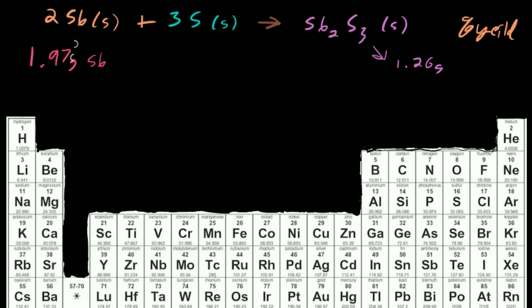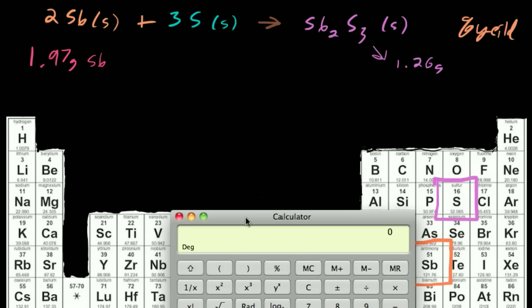To begin, let's get all of our molar masses. We don't need to do too much for antimony or sulfur, but let's figure out the molar mass for Sb2S3. Antimony is right here on the periodic table, and sulfur is right here. Let me get out my calculator.